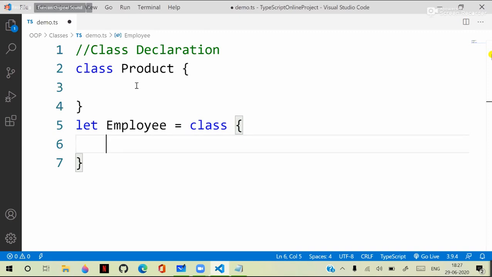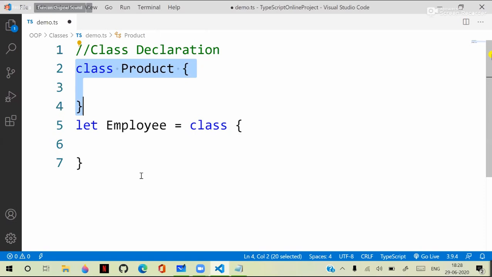So that means employee is not the name of the class. It is the name of the memory where that class is loaded. So directly the class is loaded into memory.